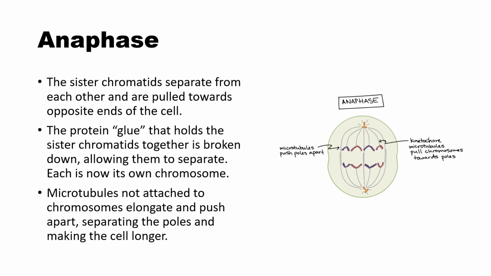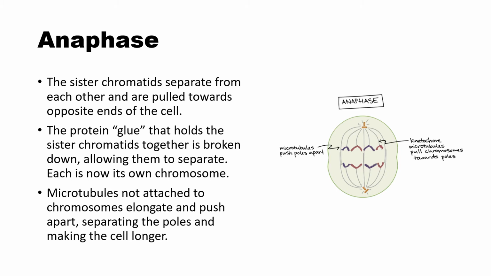So, with the alignment of the chromosomes on the plate na tinatawag doon sa metaphase, it is now ready for the next stage or next phase of the mitosis, which is yung anaphase na tinatawag.